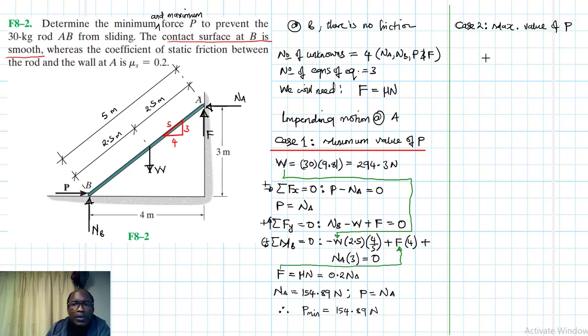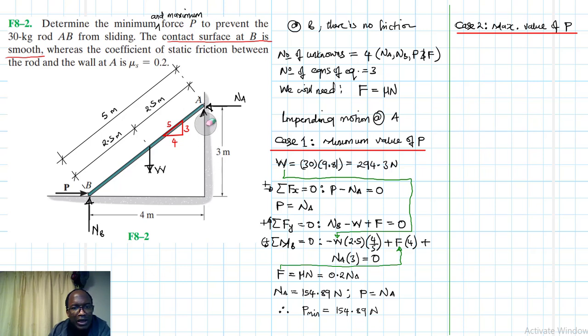Okay. So we want to find the maximum value of P, which will still make this particular rod not slide at A. So in this case, we are assuming that our rod, because we want to find the maximum, tends to slide up like so. So instead we are going to change the direction of our F. Does it make sense? Remember what we did initially?